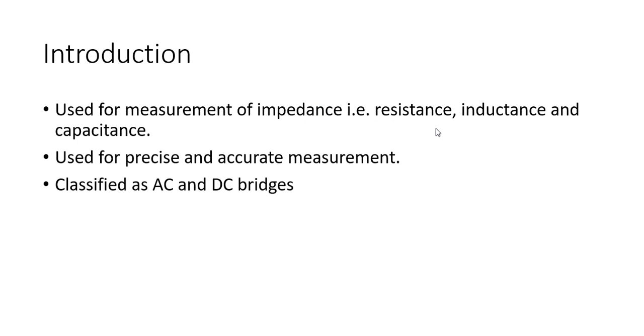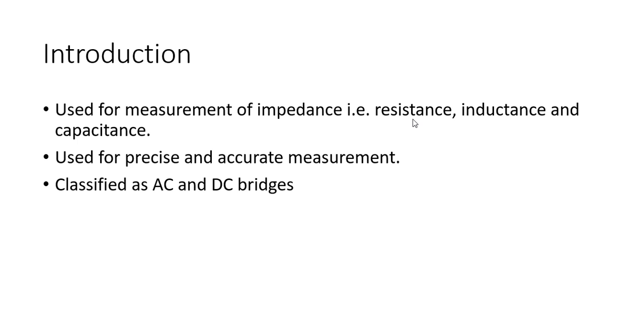So it can be measurement of resistance, inductance and capacitance. I think you know clearly the difference between impedance and resistance. At this level these basics are very useful to understand the next bridge circuits, so you must know the difference between impedance and resistance.